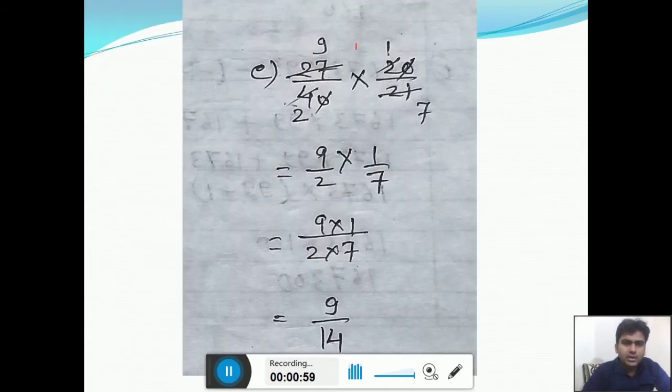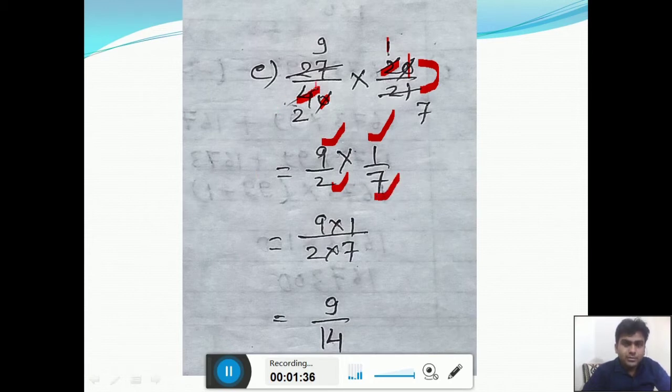Now next question, here 27 upon 40 and here 20 upon 21. Now here we can cut the 0 of 40 with the 0 of 20. Now we can cut this 4 by 2 and this also by 2. 2 ones are 2. So in the cross also we will see whether the numbers can be simplified or not. If the numbers can be simplified, we will first simplify, then we will multiply the numerator with the numerator and the denominator with the denominator.